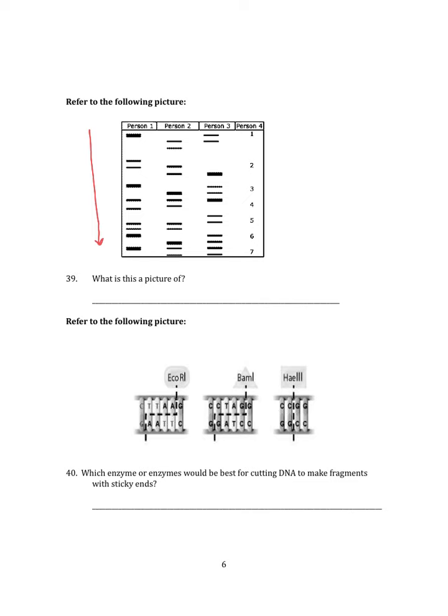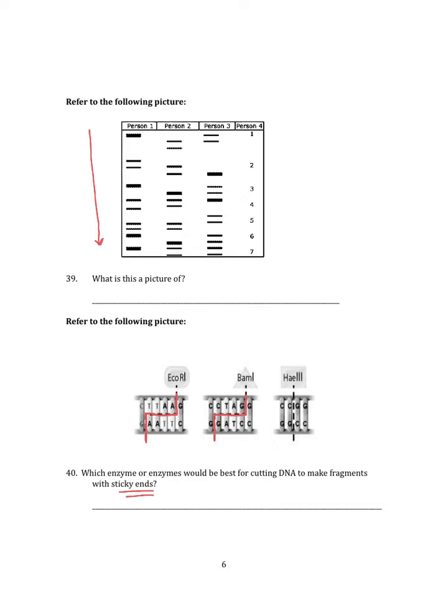And then the last question, number 40, says which enzyme or enzymes would be best for cutting DNA fragments to make fragments with sticky ends? Remember that sticky ends mean that some of the bases are exposed when the DNA fragments are cut. So in this instance, this fragment cuts sticky ends, and so does this one.